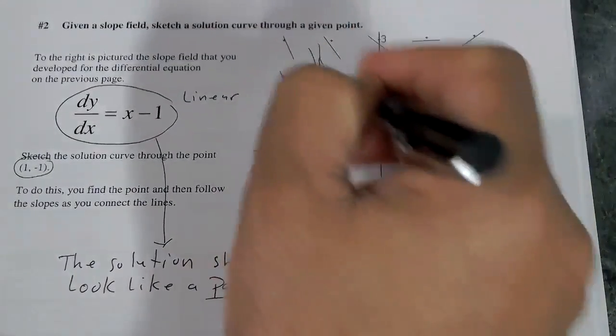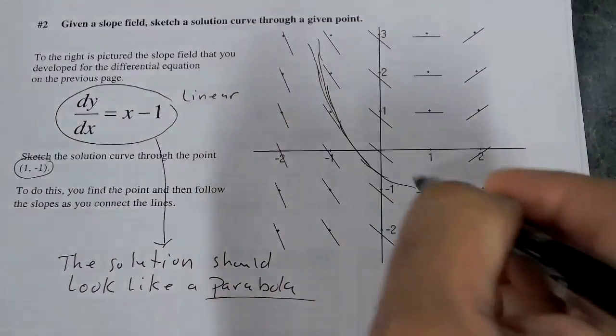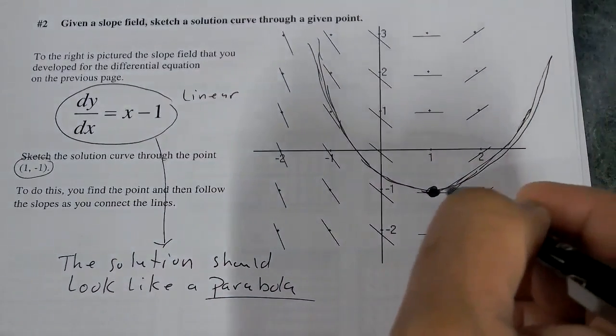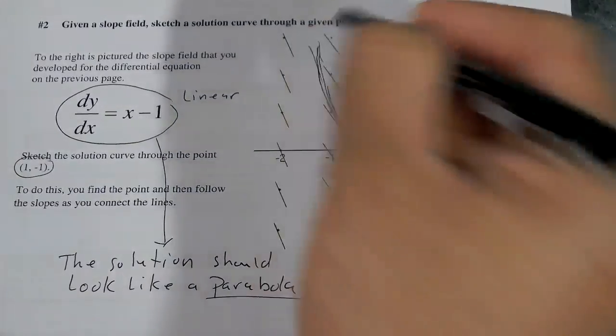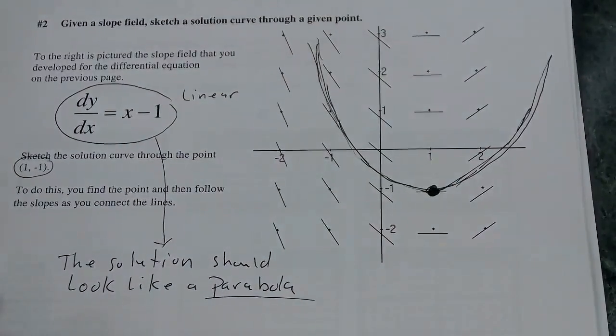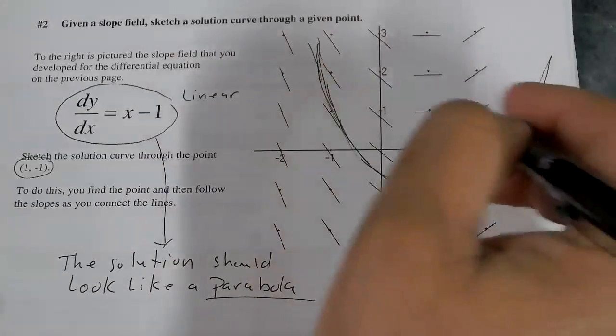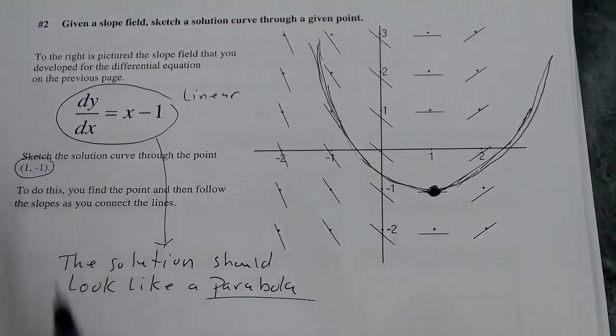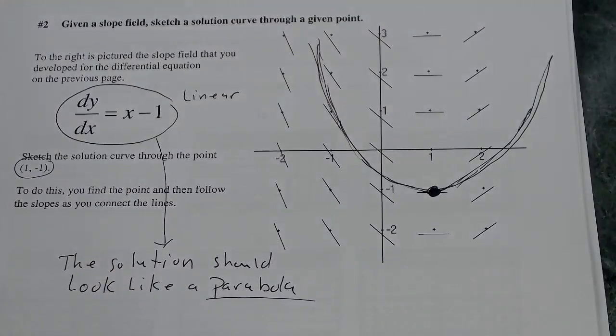Can you see? Now remember, this is a possibility. I can have one thinner, one wider, whatever, but it doesn't matter as long as it goes through that point. So here is a possible solution: given a slope field, sketching the solution curve through that given point.